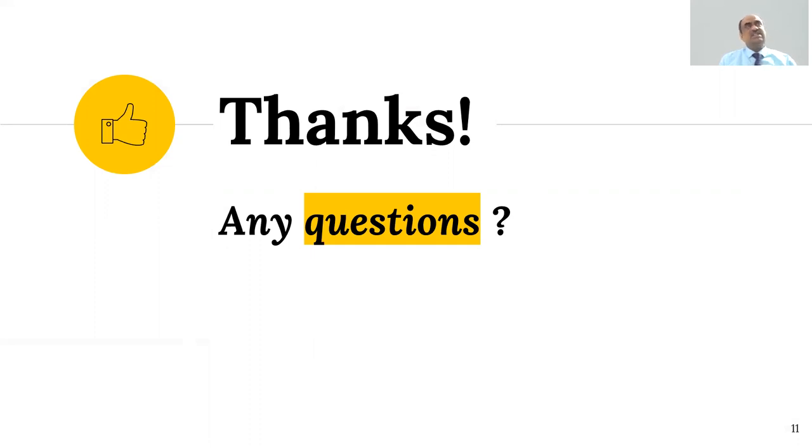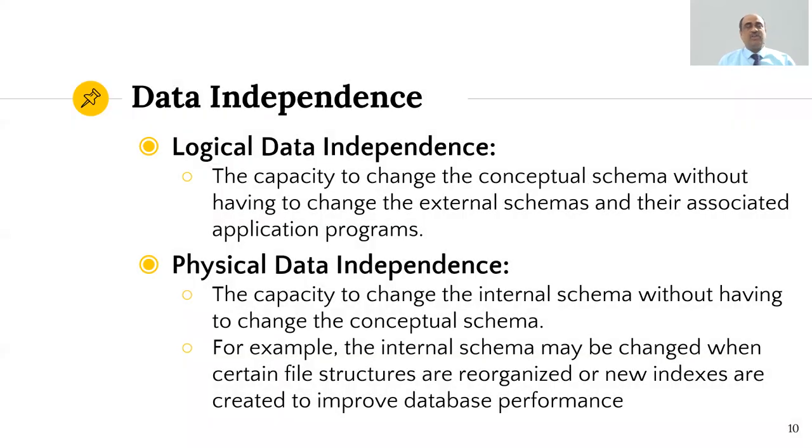So in this lesson, the important topics you want to remember are: what you mean by schema, what is a data instance, what you mean by the three-level architecture and its diagram, what you mean by data independence, what the two types of data independence are, and also how you are going to map between one level and another level.